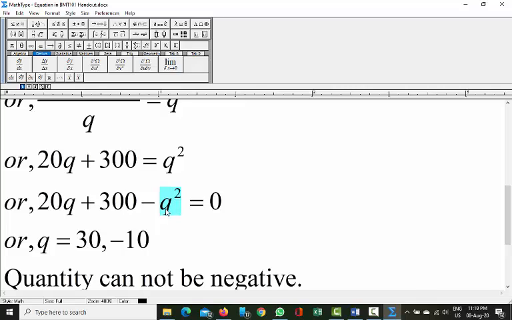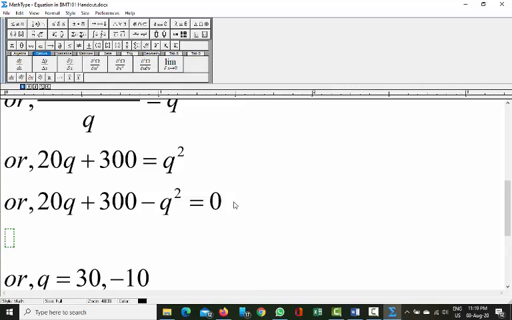As I said before, the coefficient of the squared term of the variable is A. Here Q is the variable and this is the squared term of the variable. So A is equal to minus 1.